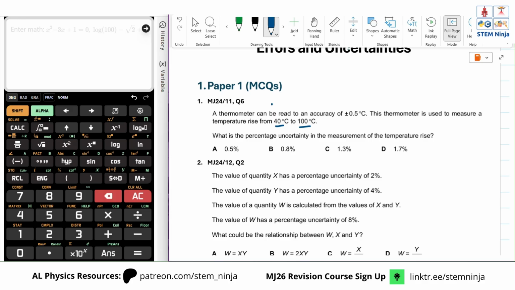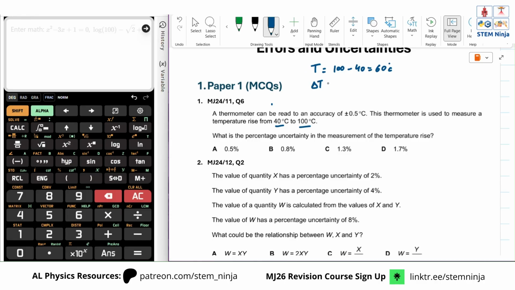So first off, we need to find out the temperature rise, the change in temperature. That is 100 minus 40, which is 60 degrees Celsius. Actually, we can just call it T just for simplicity.